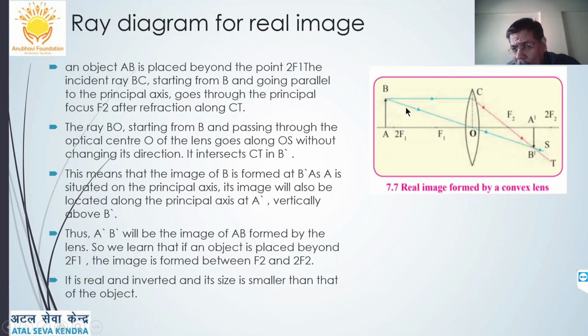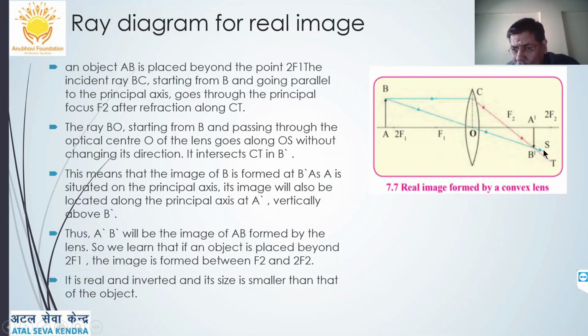The incident ray passing through the optical center goes undeviated, while the ray parallel to the principal axis after refraction will go through the principal focus. Therefore, wherever they meet, we can draw the image. The image can be obtained on the screen. It is real, inverted, that is A dash B dash.